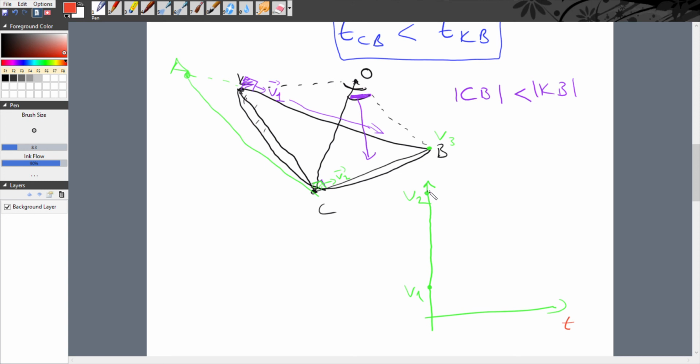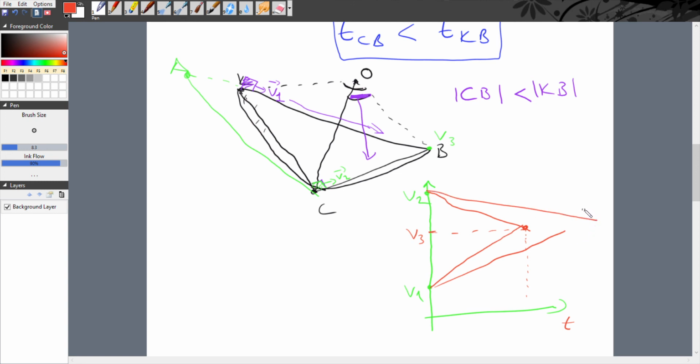So v2 will always decrease because v2 is going upwards. Second object, let us call this point v3. It will decrease to v3. But v1 will always have to increase because it has a slope and it has constant acceleration. So in this interval of time, it doesn't have to be at the same time. It may take more time for v1 or it may take more time for v2.